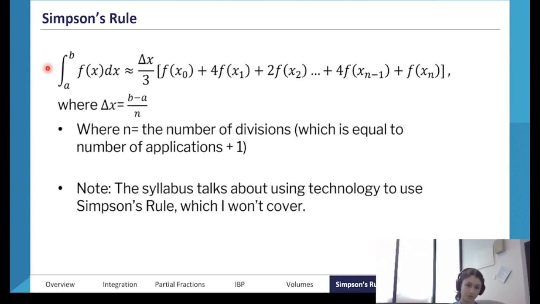What it's saying is that the definite integral between the limits b and a for f of x is going to be approximately equal to delta x, which is the difference in the x values, b take a, divided by 3.